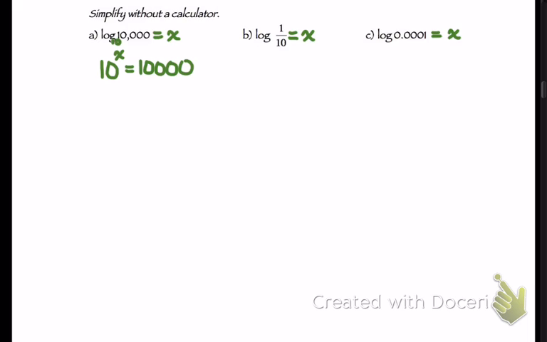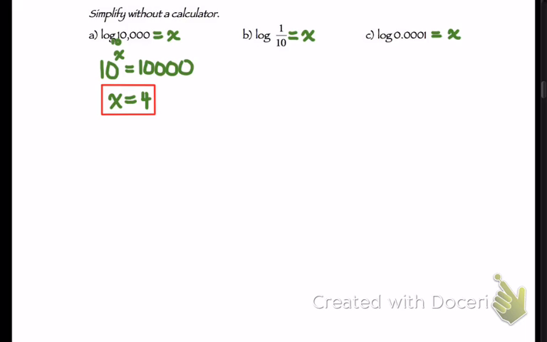I know 10,000 I could write as 10 to the 4th power. Voila, bases are the same. So I drop the base and set the exponents equal to each other. I'm in a weird mood today. So you get x equals 4. Great job. Nope, we're not done yet, so don't pause the video.